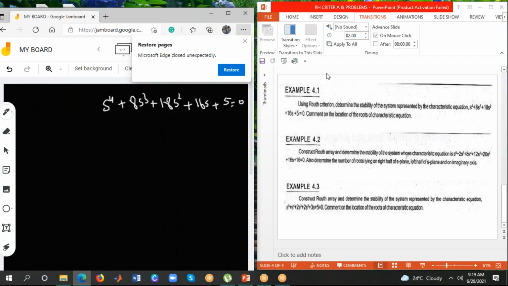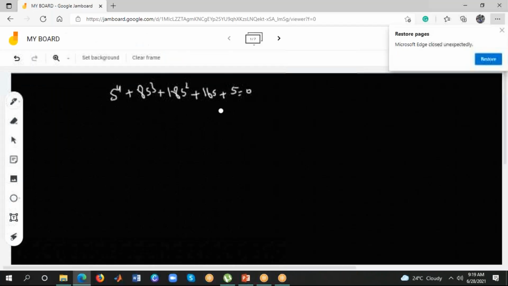So this is the 4.1 problem, and comment on the location of roots of the characteristic equation. So we need to find where the roots are located.